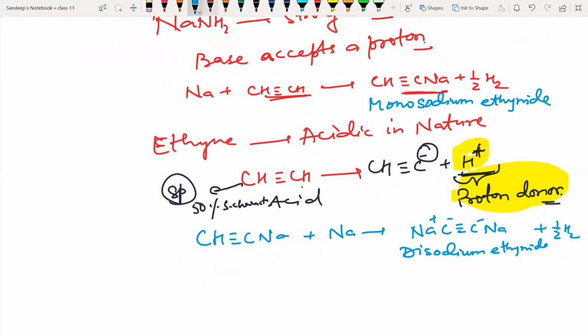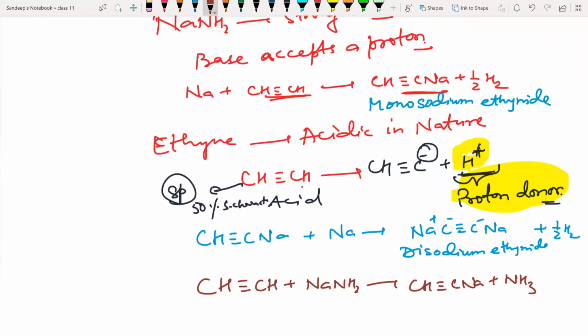Even acetylene can react with sodium amide also. This will take away protons, so it will form ammonia, and the sodium will come here. So this is sodium ethanide, also called sodium acetylide.